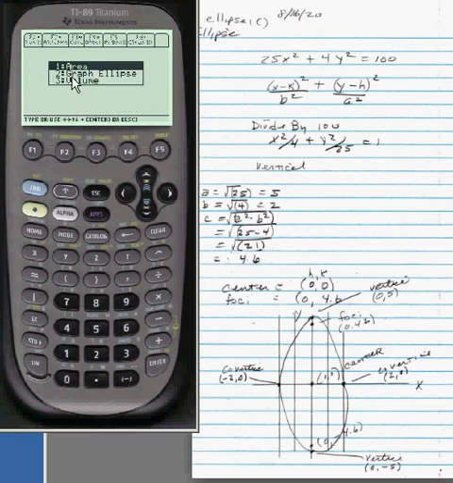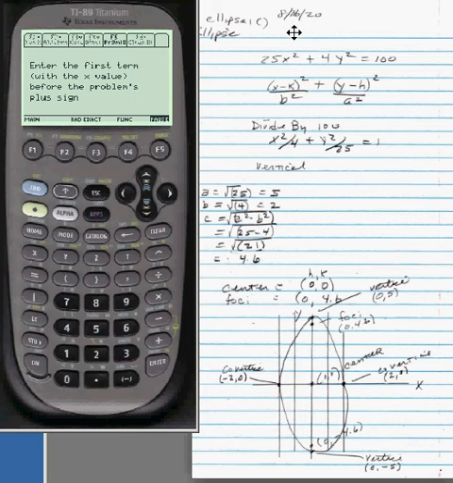And we're going to graph number 2. And we're going to enter the given equation. We're going to enter the first term here, and then the second term, and then the third one if needed.